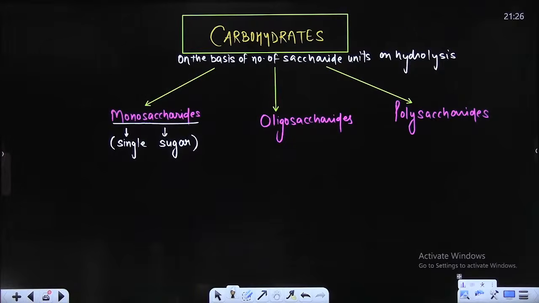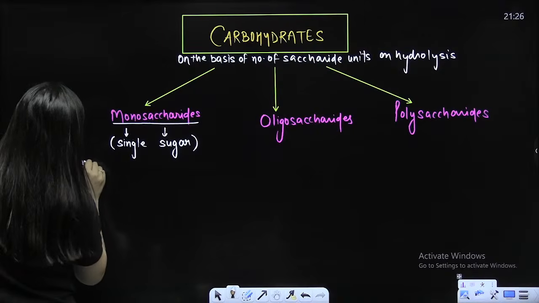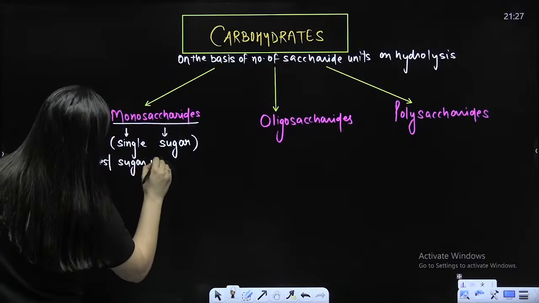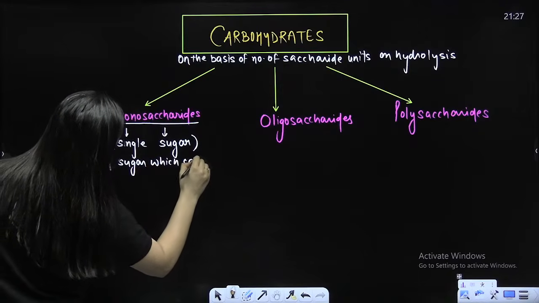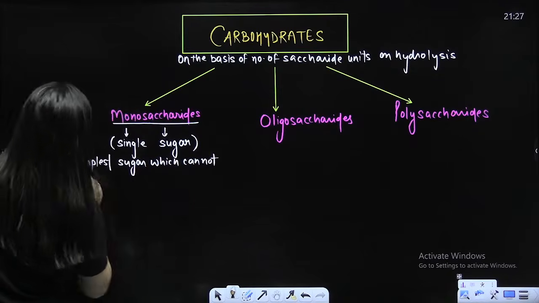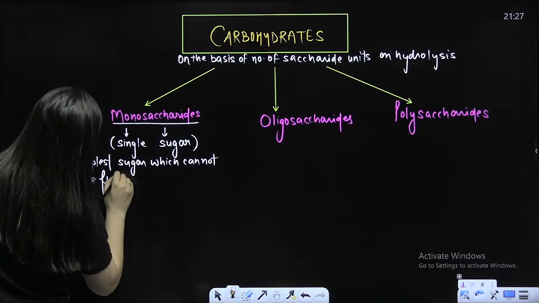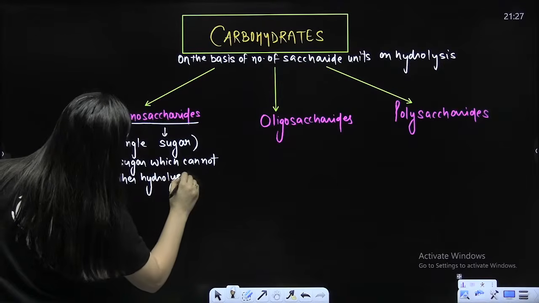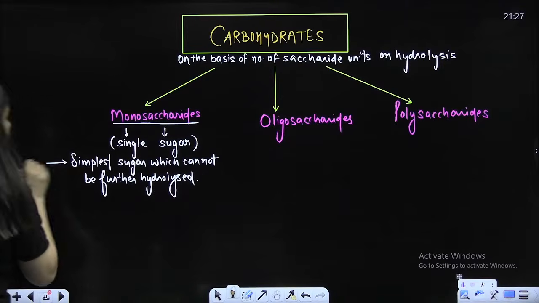So they are the simplest sugars which cannot be further hydrolyzed. This is what we have here in the monosaccharides.